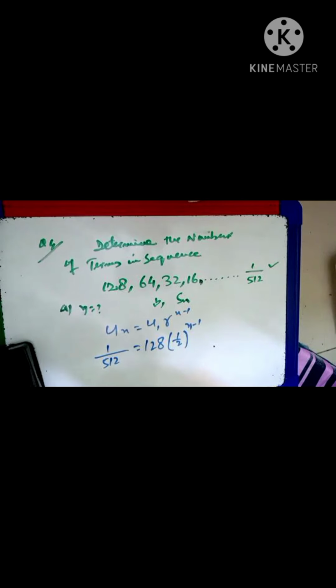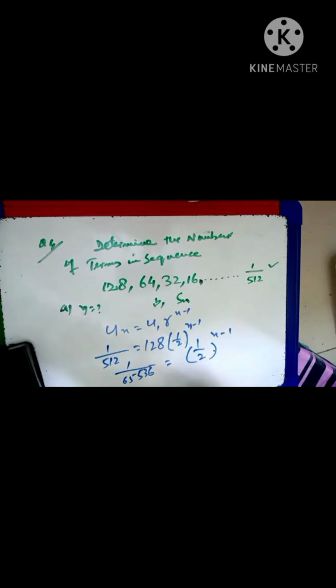Now, next thing is 1 over 65536 when you multiply these two numbers, equal to 1 over 2 to the power n minus 1. Now, the same way you will find the value of n.